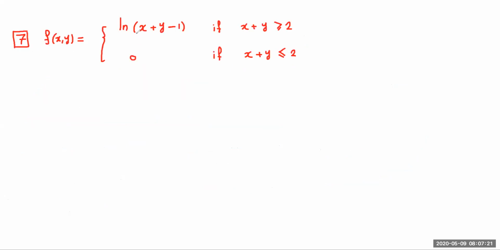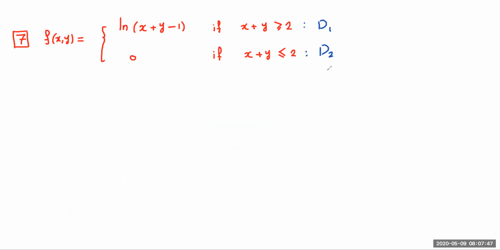The last exercise: the function f(x,y) equals ln(x plus y minus 1) if x plus y is greater or equal to 2, and here if x plus y is less than 2. To understand the domain, I call this region D1 and this region D2.